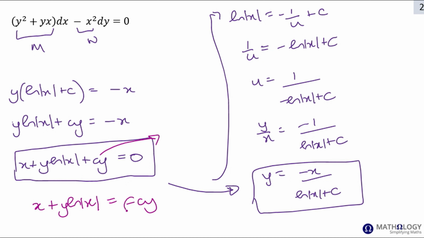But again, this minus sign here for the arbitrary constant doesn't really matter, because c is an arbitrary constant. So hence it's just a convention that we remove that minus sign. So we just write it as a positive cy.